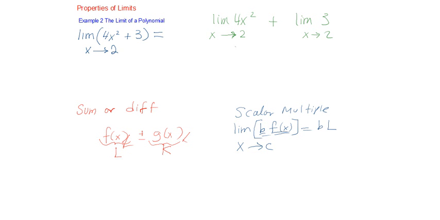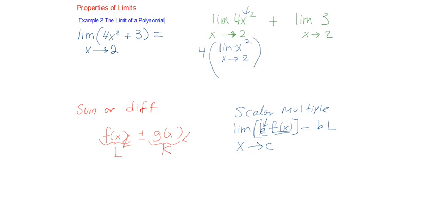So in this case, it's saying that I can pull out the 4, because that's b, and then I can multiply that times the limit of the other function of x squared as x approaches 2.